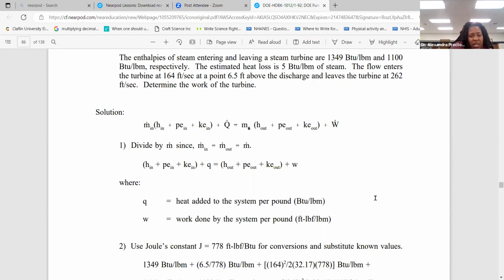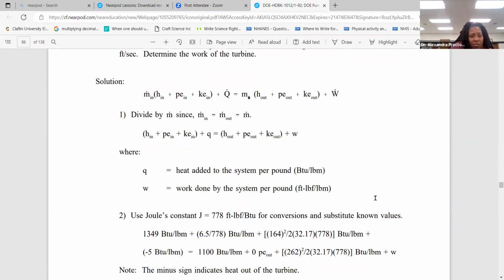Once we do that, we're able to take that term out, where h in plus PE in plus KE in plus Q equals h out plus PE out plus KE out plus W. Q is the heat added to the system per pound, in BTU per pound mass, and W is the work done by the system per pound, in foot-pound force per pound mass.